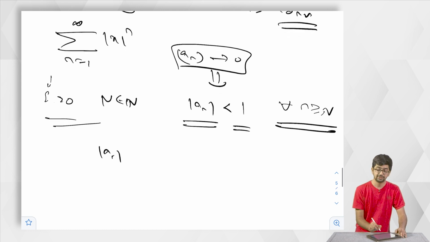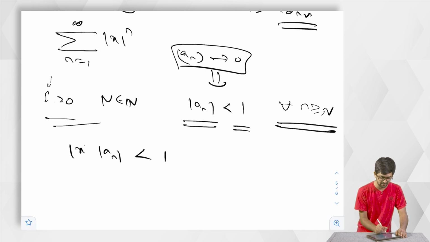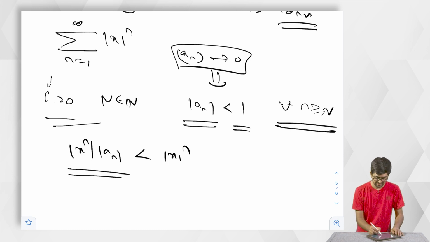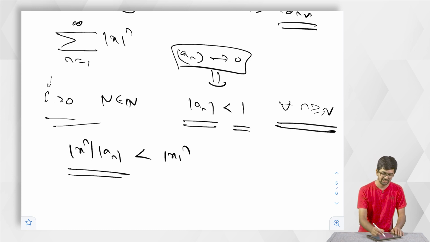I am multiplying both sides by mod x power n, which is positive. Now what? We have a sequence a_n x power n that is bounded by the sequence x power n with modulus, of course.